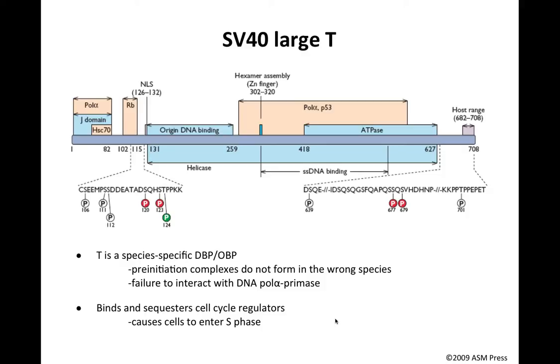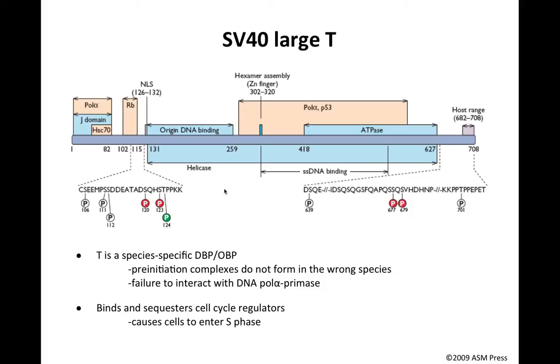So this picture is a diagram of SV40 large T, and the protein is shown as a blue bar, and here on the left is the first amino acid. It is 708 amino acids long, and on this are shown various functional regions of this multifunctional protein.